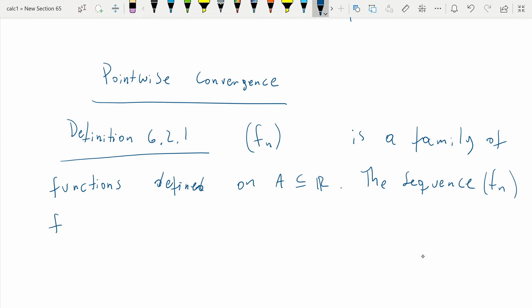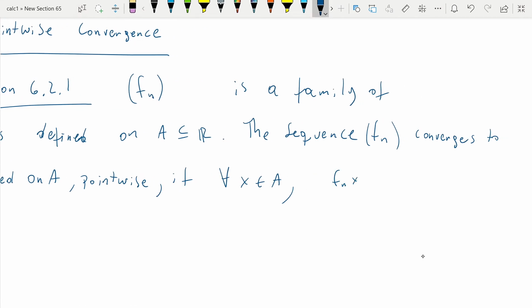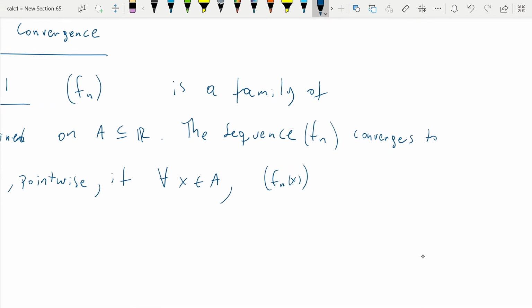f defined on A, pointwise if for all x in A, as I said, you can think of it as being a sequence of numbers, fn of x converges to f of x.